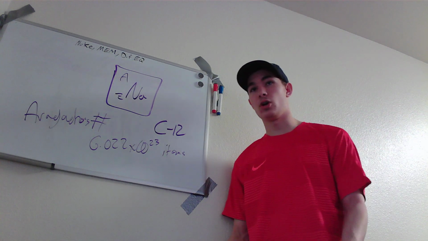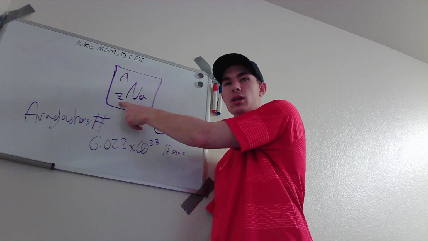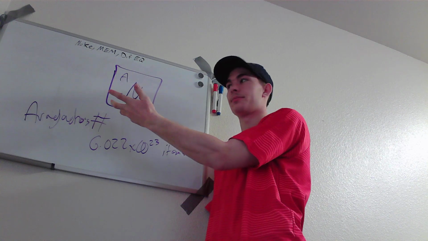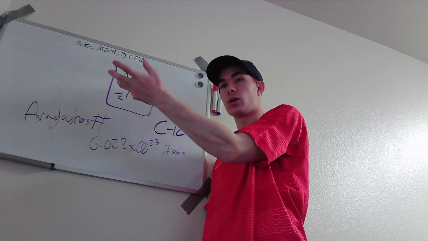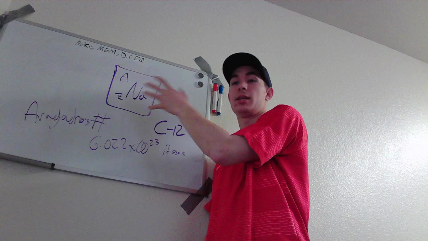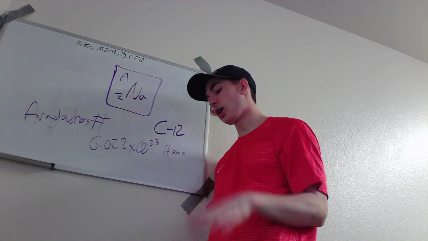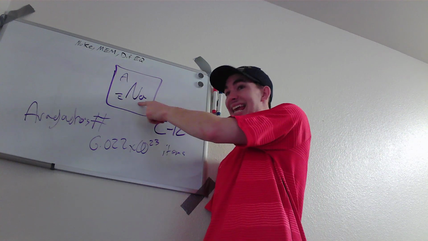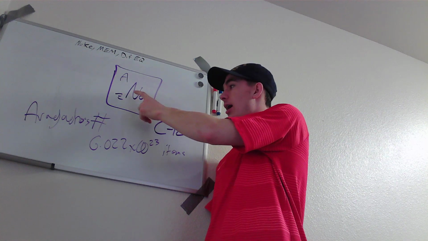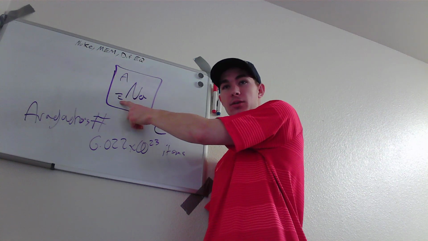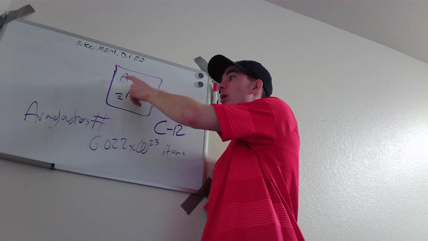So then we have isotopes, which have the same Z number. So same protons, different neutrons. So it's the same element, it just has a different number of neutrons. A nuclide is anything with a different Z number or a different A number.